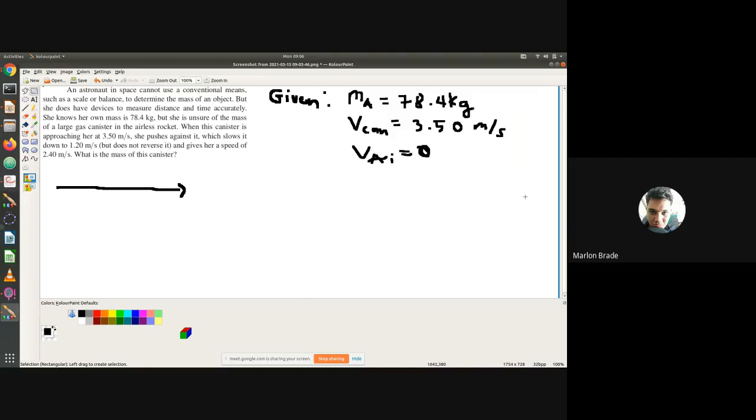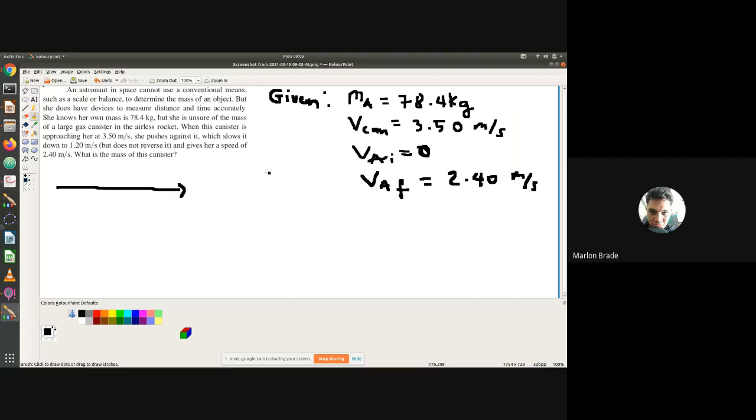So given at the VIA. Okay, so the V final sa atong astronaut is 2.40 meter per second. So wala niya na-reverse.